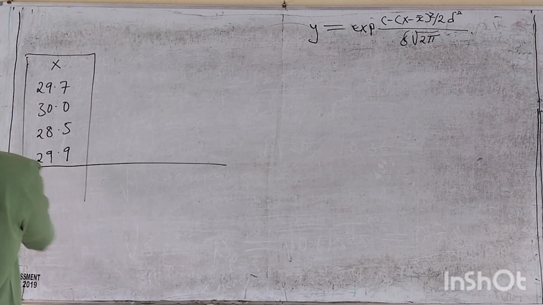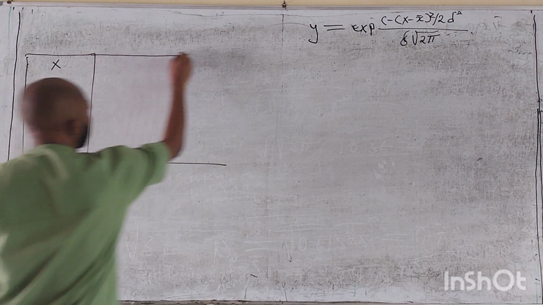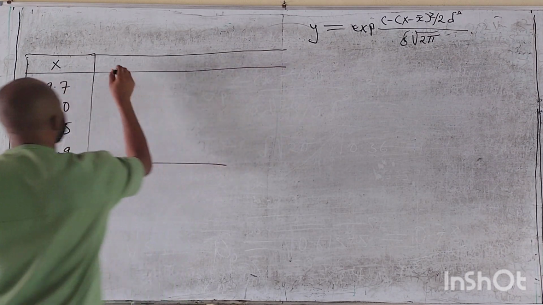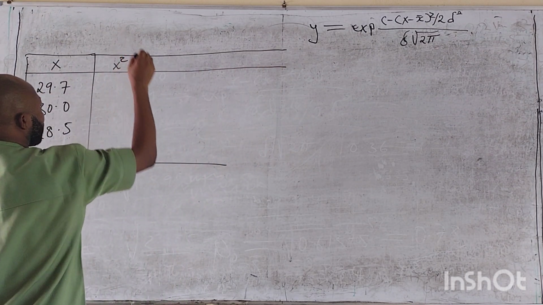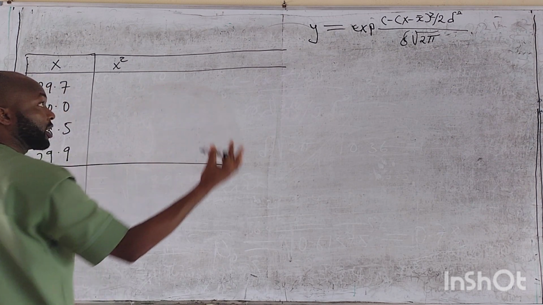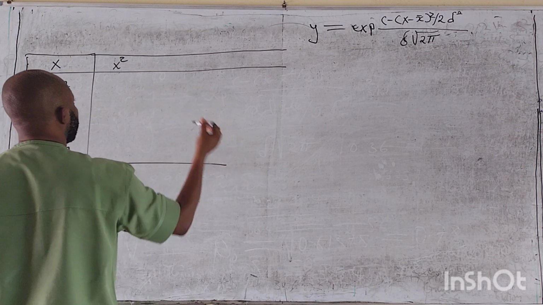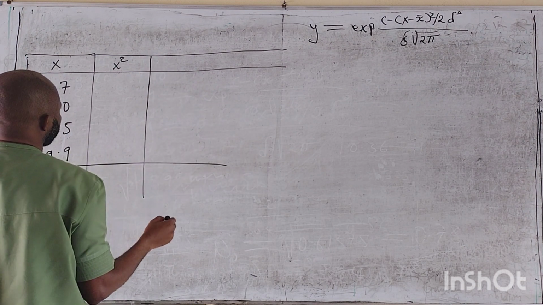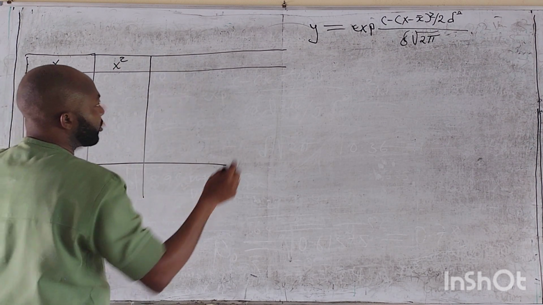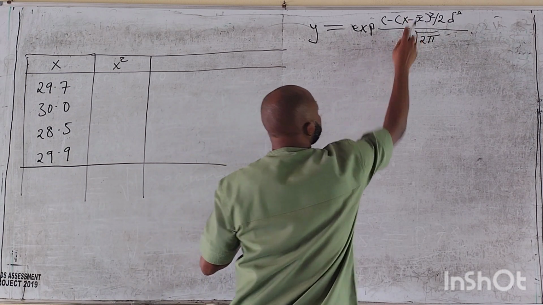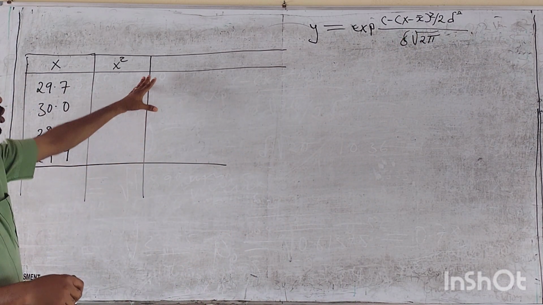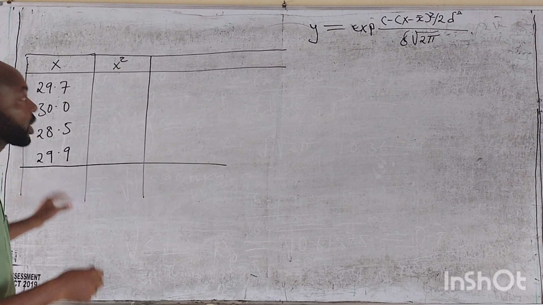So if this is my x, let me have this as x squared, which will give me what I'm looking for, the standard deviation, based on the formula which I intend to use. Okay, let's go down. Now, from here, if you see x minus x bar, that x bar is the mean, which means we must create a column for that, and we must also know what our mean is.